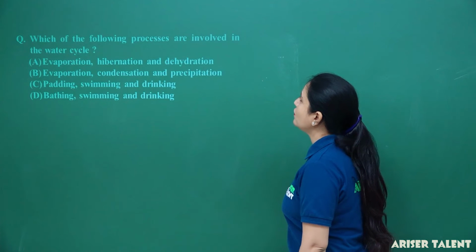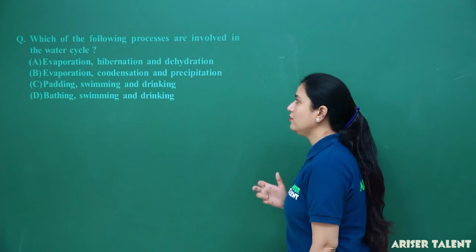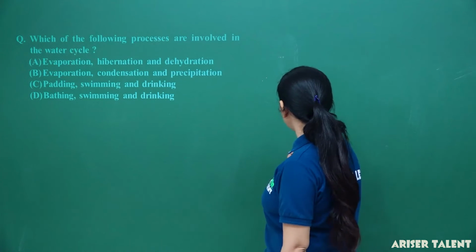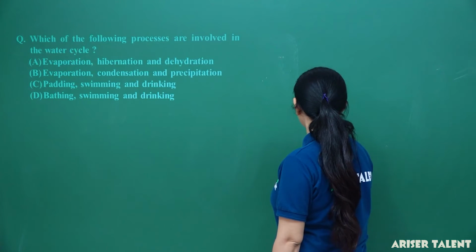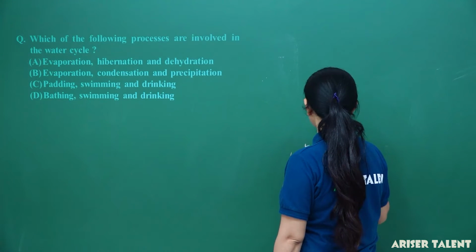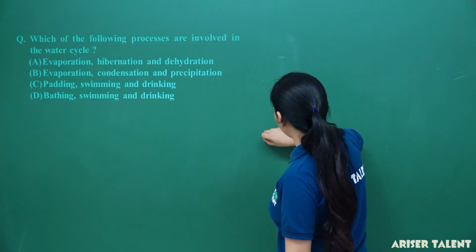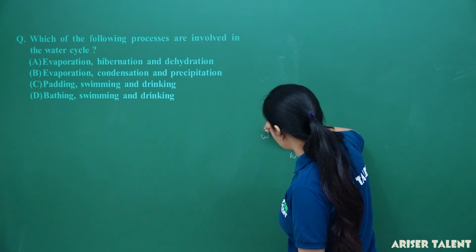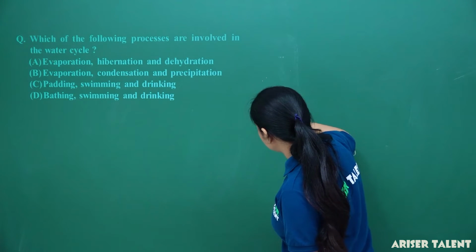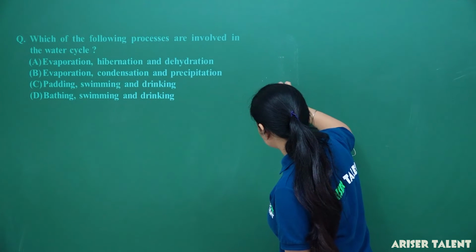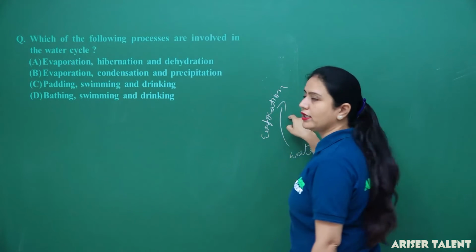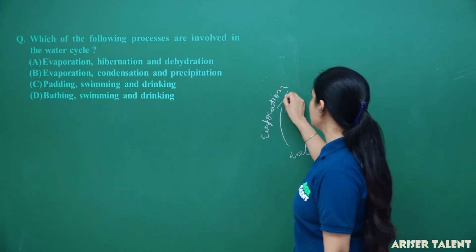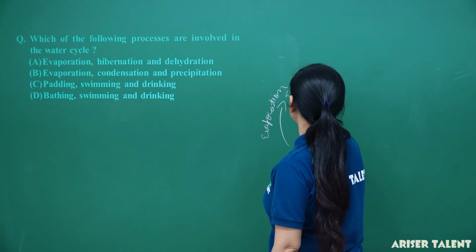Next is, which of the following processes are involved in the water cycle? Generally we know the water cycle starts from water bodies. Then water gets evaporated, and this process is known as evaporation. When water gets evaporated, it converts into water vapor.